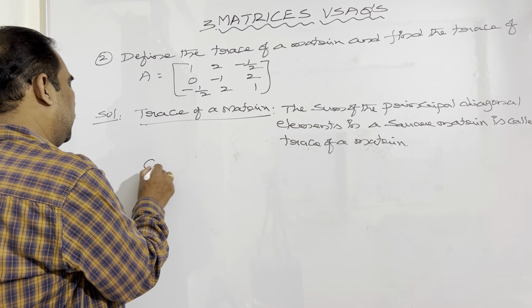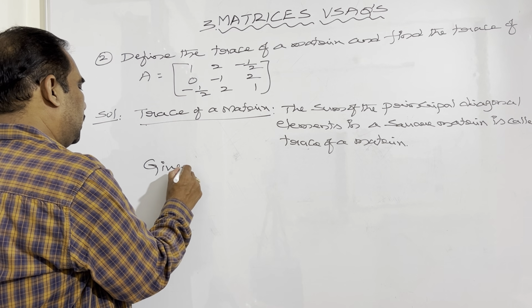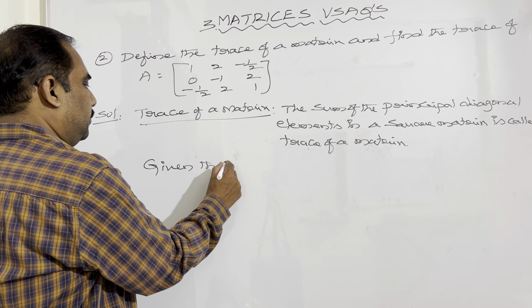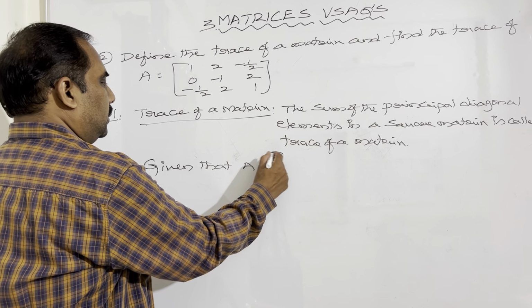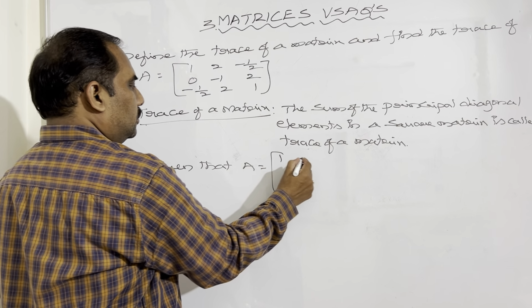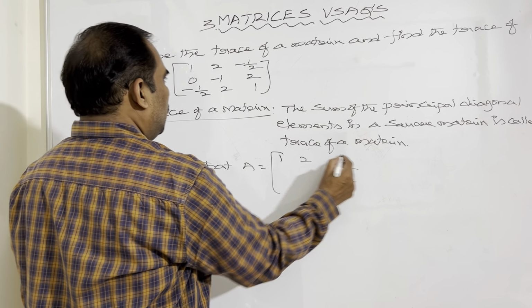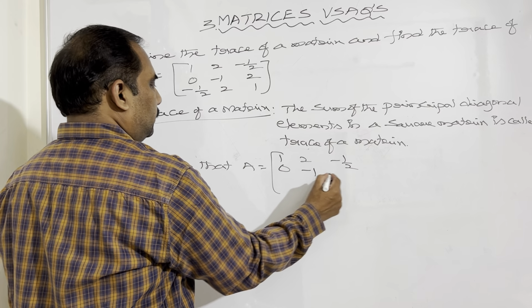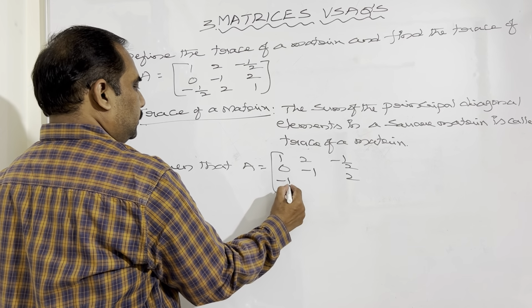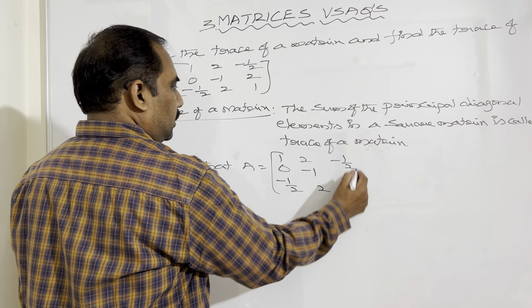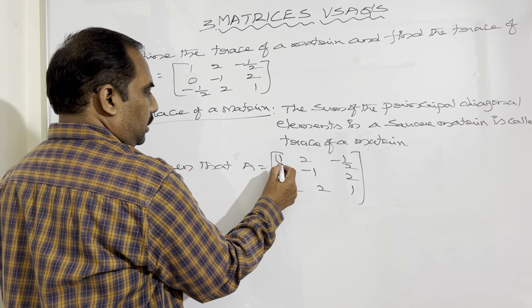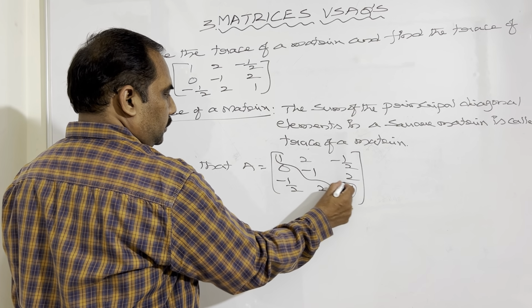Here, given that capital A is equal to [1, 2, -1/2; 0, -1, 2; -1/2, 2, 1]. What are the principal diagonal elements? These are the principal diagonal elements.